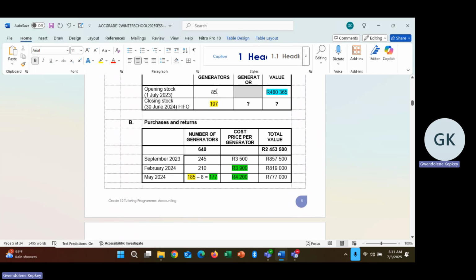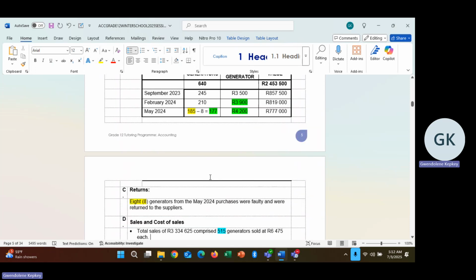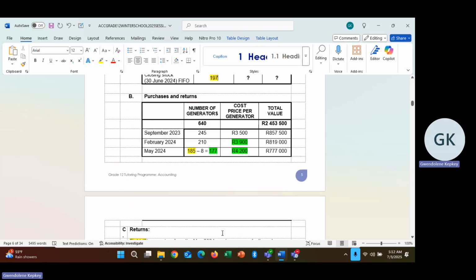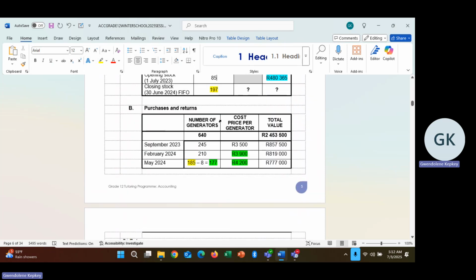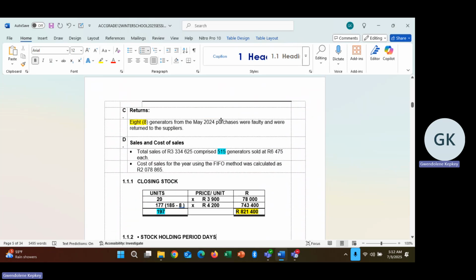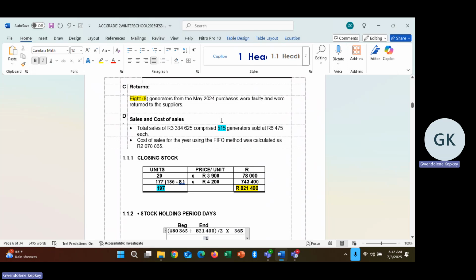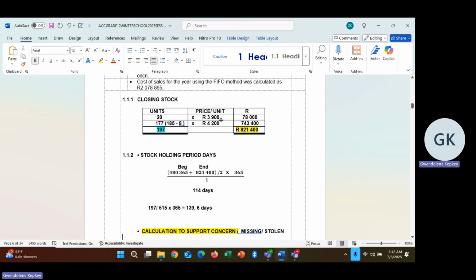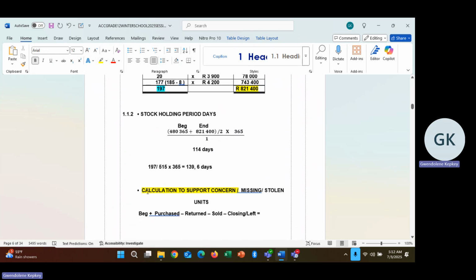Let's recap. 85 beginning. Purchased 640. Returned 8 items. Sold 515. And then I have left at the end 197. Can we put all of those in our calculation and then let's obtain our marks that we will be awarded over here?